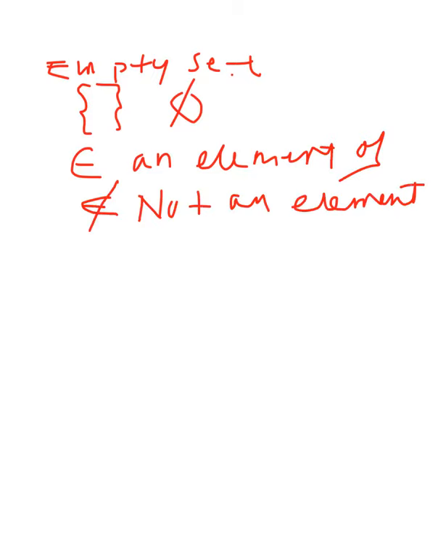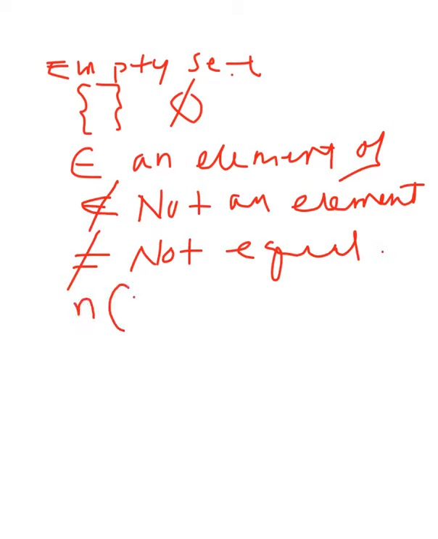Whenever you see that strike through, like on the equal sign, it means not equal. And of course, you have the inequality symbols: greater than, less than, greater than or equal to, less than or equal to, and all of those. And when you see N with the A in parentheses, it means the number of elements in a set, the cardinality of a set.